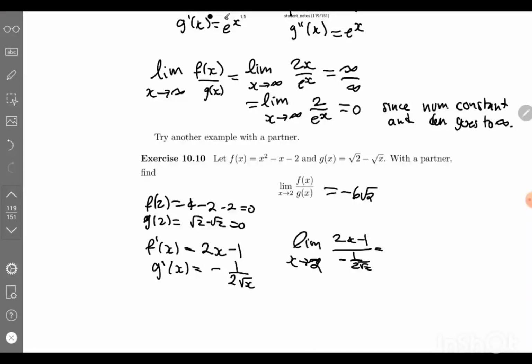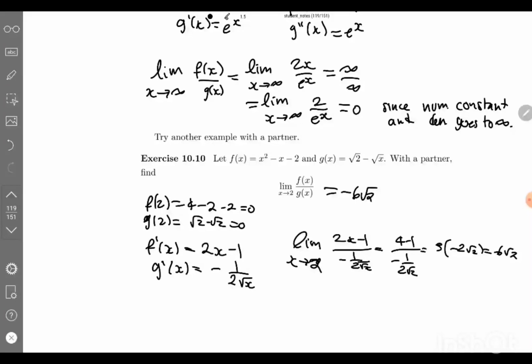Plugging in 2, we get 4 minus 1 over minus 1 over 2 square root of 2. So we get 3, which I'm going to bring up top, times minus 2 square root of 2. So we get minus 6 square root of 2. So that was a super quick way. Does that kind of help? Good to go? All right.